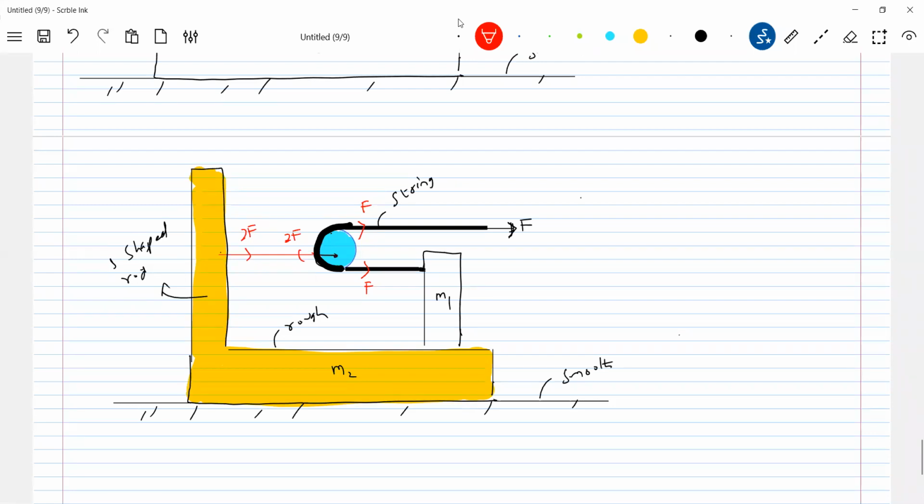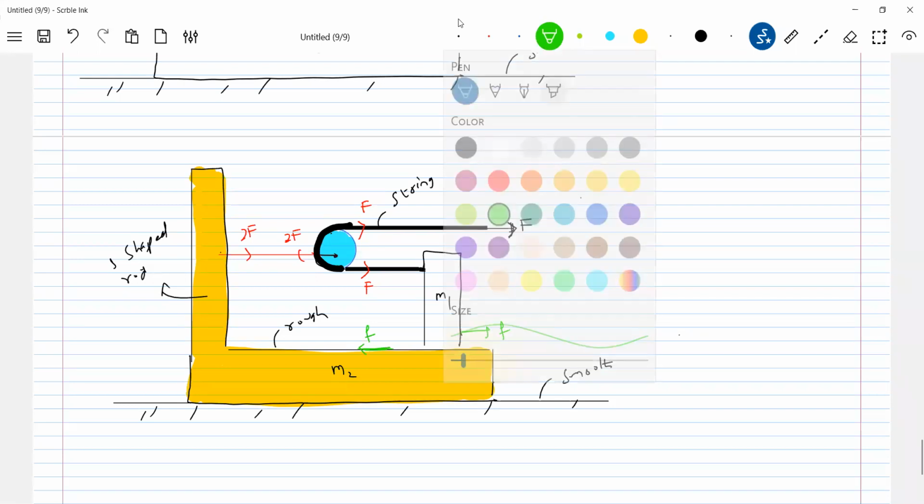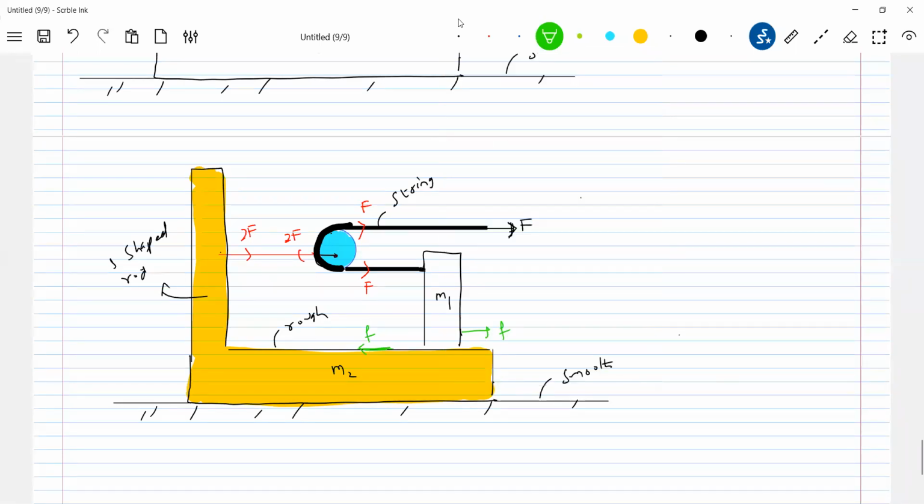How should the friction act here? The friction on the block M1 will be acting in this direction. Then on the plank, I have to show it here. Don't show it below, it should be here. If you can assume this much, I think you can get into the problem.